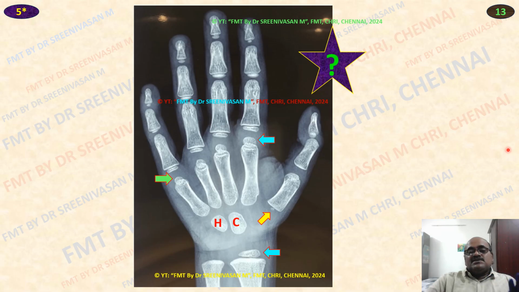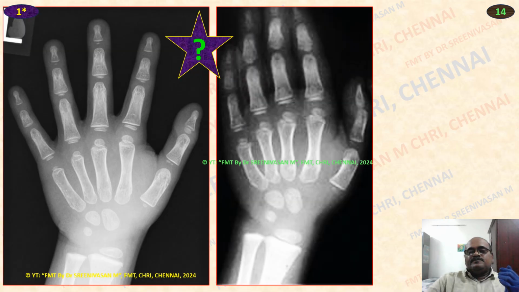So the next event is the triquetral, not seen here below the ulna. So base and heads of metacarpals have formed, right? So age is already told, 2 to 3 years, right?